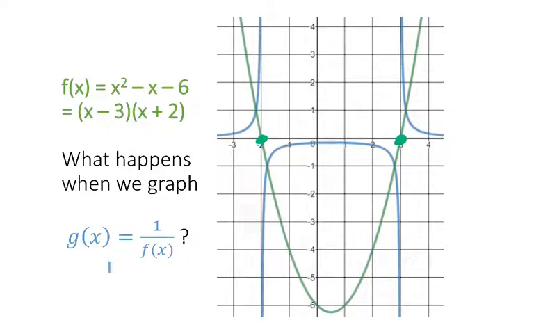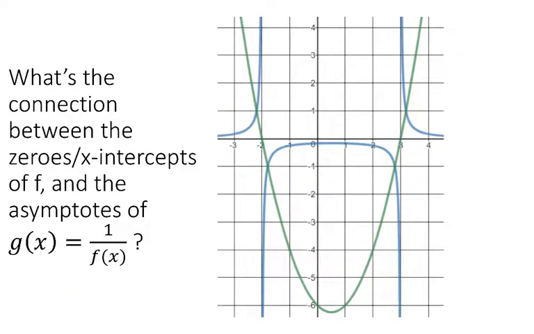It'd be the function 1 over (x minus 3)(x plus 2). Well, what's happening at the same points as these zeros, now that we've literally just taken this function and put it in the denominator? Instead of a 0, instead of an x-intercept, that's where we get vertical asymptotes. So what's the connection between zeros, x-intercepts, and the asymptotes?